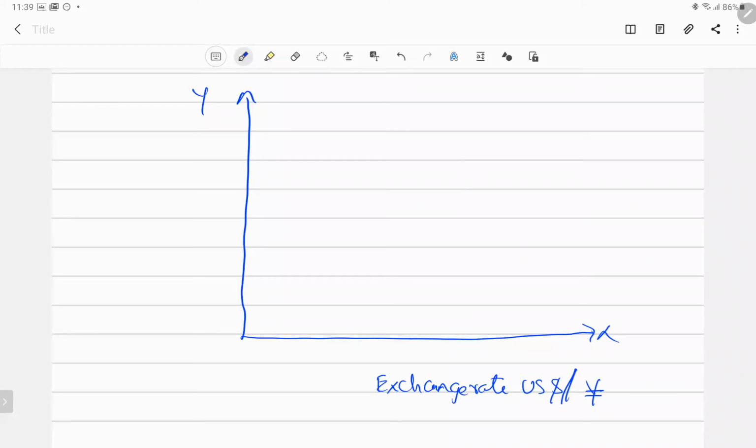Here US dollar is being priced in terms of yen. I put random values, 100, 105, with a 5-point increase each time: 110, 115, 120, 125.